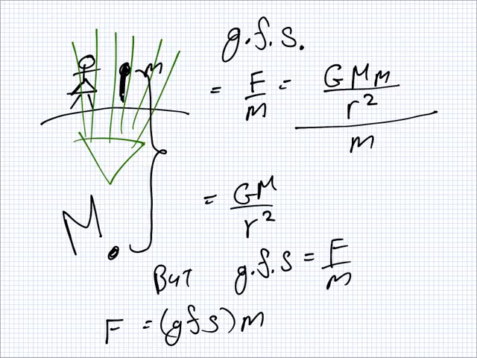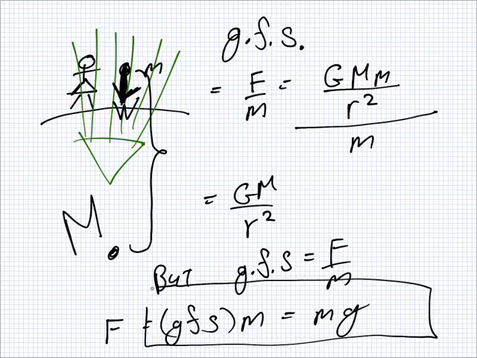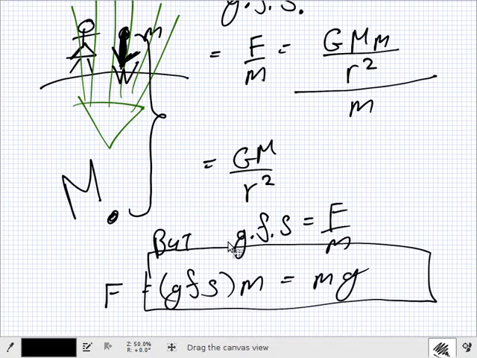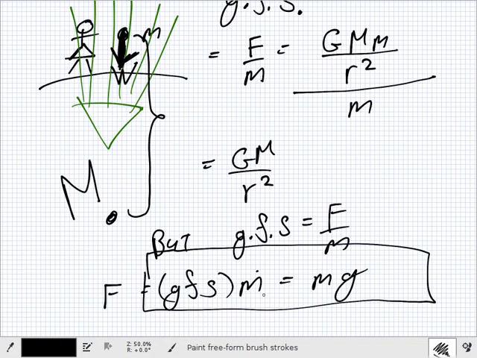But do you know there's another formula for this? What's this called? This is called the weight, isn't it? So what's another formula for weight? mg. So if you compare here, what do you get? Yeah, the m's cancel.